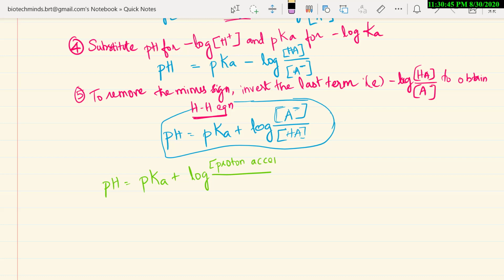Now if you remember the Lowry concept, we are explaining this only. Instead of conjugate base, I am writing the original term proton acceptor. This will accept the proton, that is called proton acceptor, divided by proton donor. In order to know these terms, we are writing this equation like this, not as weak acid or conjugate base. We are writing this as proton acceptor concentration divided by proton donor concentration. That only determines the buffering action of this pKa in this solution.